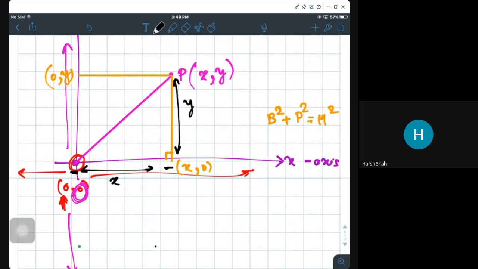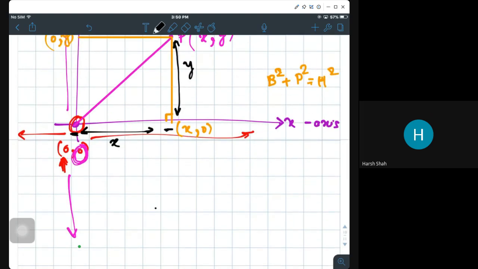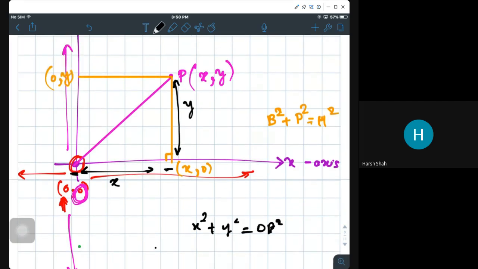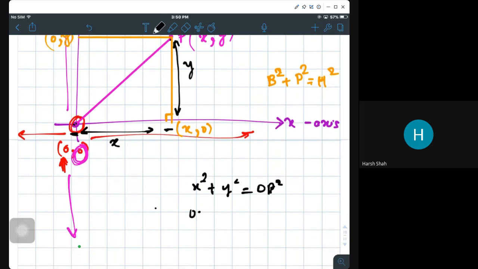So I can say that x squared plus y squared is equal to OP squared. OP here means the distance of the point from origin. This is O and this is P. So OP is equal to root of x squared plus y squared.